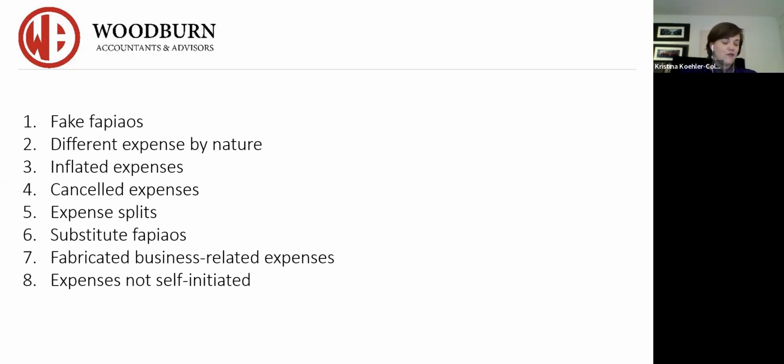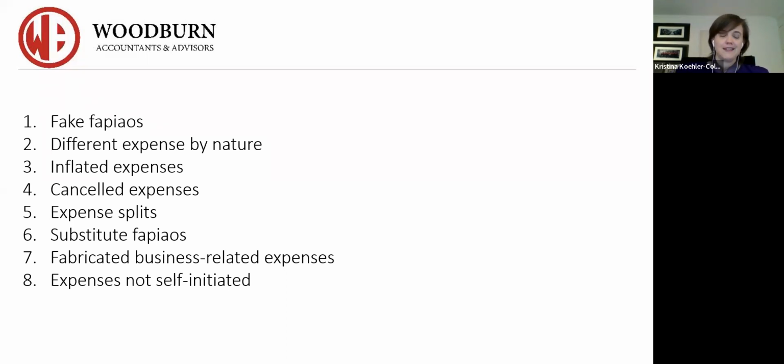Expense splits. So for example, let's say you go to a restaurant and you have a team lunch and 2 people are paying the bill. So 2 team members are paying the bill. And they're saying, yeah, I paid 50% and the other guy paid 50%.